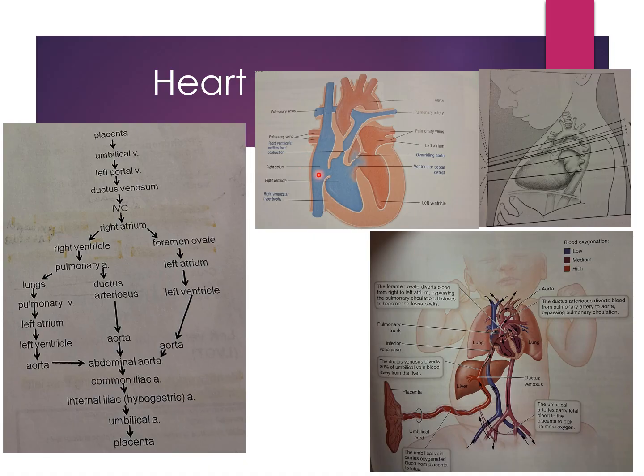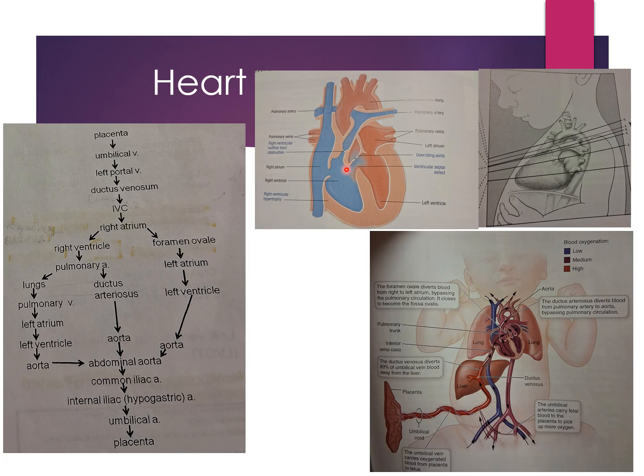Once we're in the right atrium, so this is our IVC, here's our right atrium, right ventricle, left atrium, left ventricle. So once we're in this right atrium, we can either go down into the right ventricle, or we can go through the foramen ovale, this opening here.